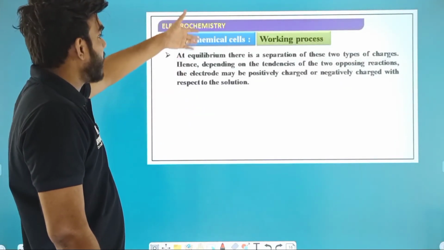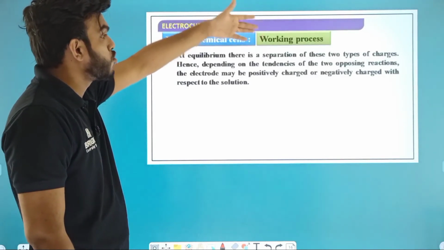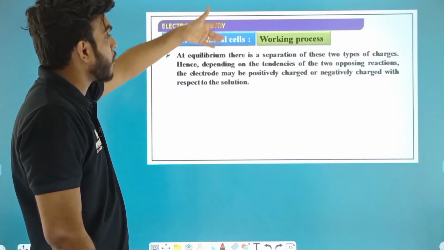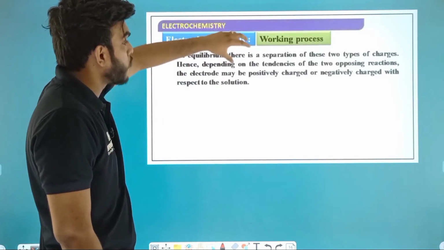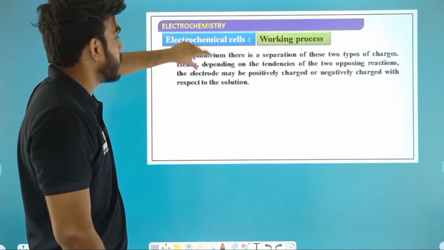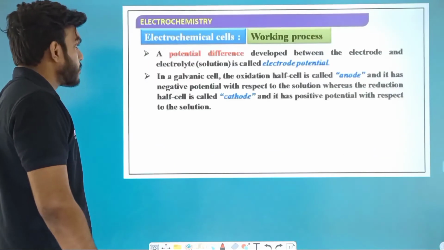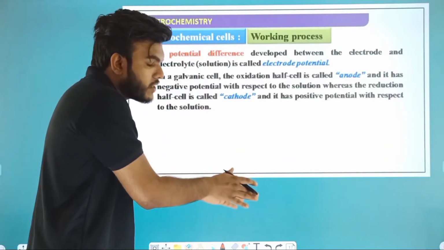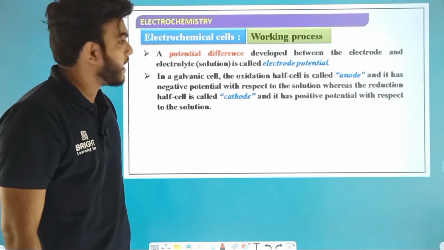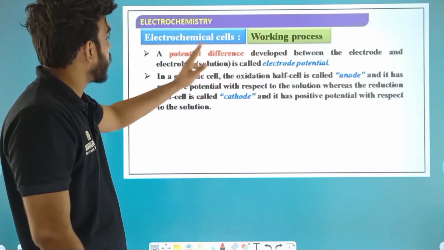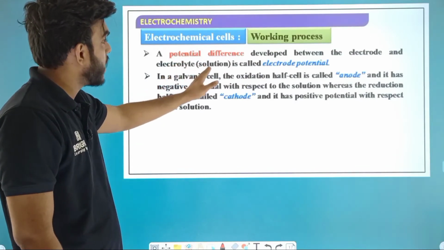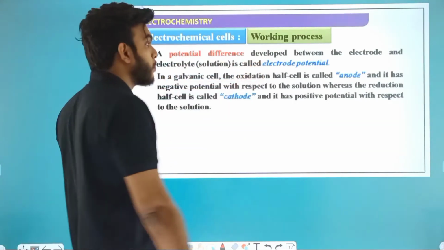At equilibrium, there is a separation of these two types of charges, and depending upon the tendency of the two opposing reactions, the electrode may be positively or negatively charged with respect to the solution. A potential difference developed between the electrode and electrolyte solution is known as electrode potential.